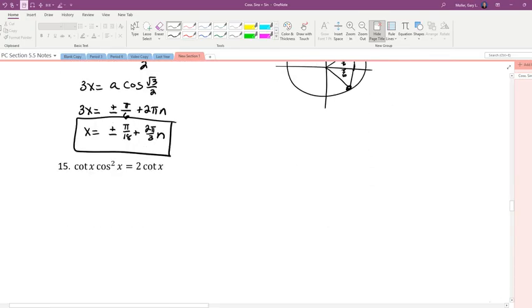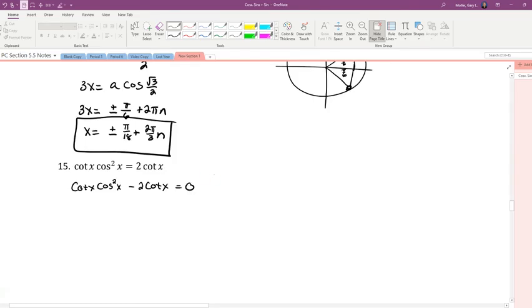Let's do 15 and call it a night. All right, not sure what's going to happen on this one, so let's just move the cotangent over and see what happens. So cotangent of x cosine squared of x minus 2 cotangent of x equals 0.